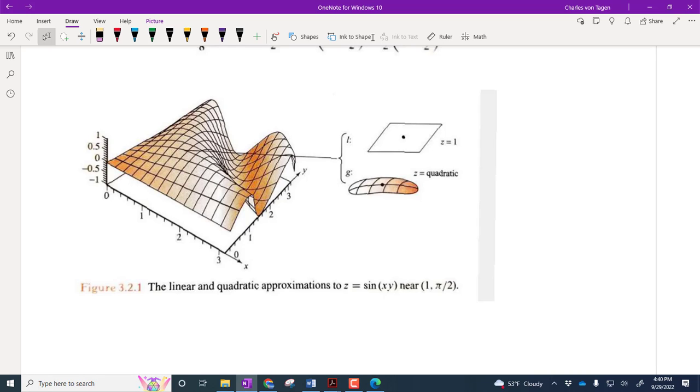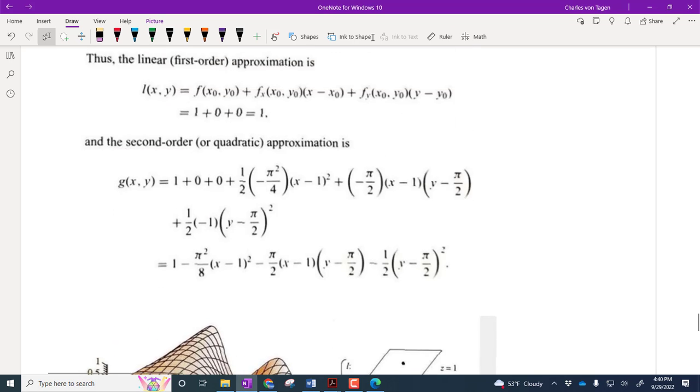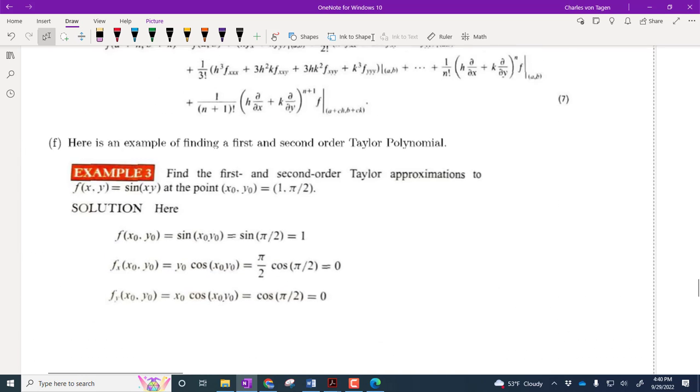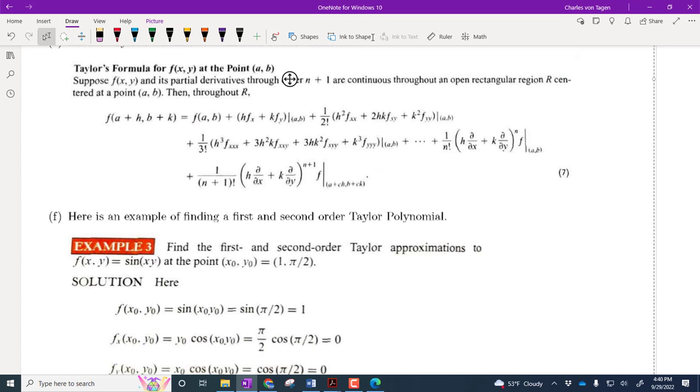Okay? So if we have this surface right here, what we had been doing was approximating the surface with a tangent plane. But if you take Taylor's formula and extend it further, the way you extend it further is you've got 1 over 2 factorial. That's that same 1 over n factorial that showed up in the Calc 2 version of this.